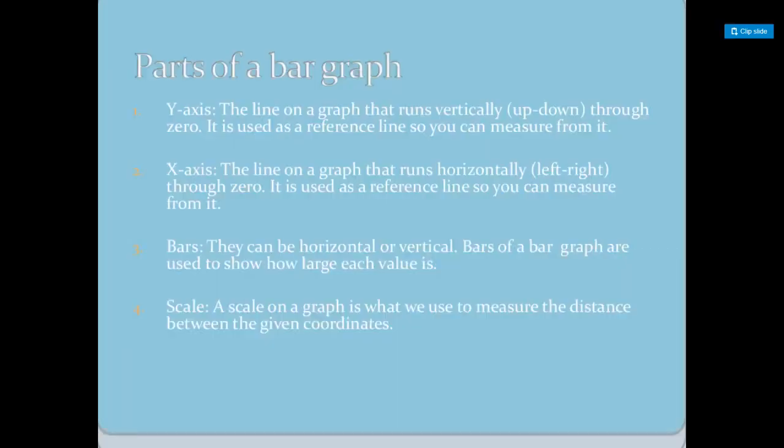Now the parts of a bar graph: y-axis, that is the vertical line through 0, x-axis, that is the horizontal line through 0. Bars can be horizontal or vertical and are used to show the large values or the observations. A scale on a graph is what we use to measure the distance between given coordinates.